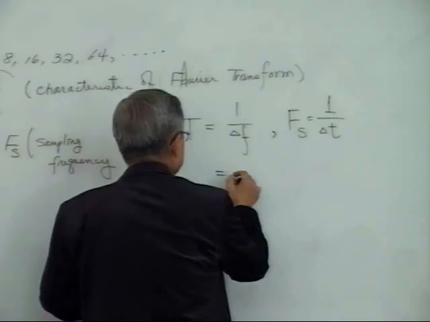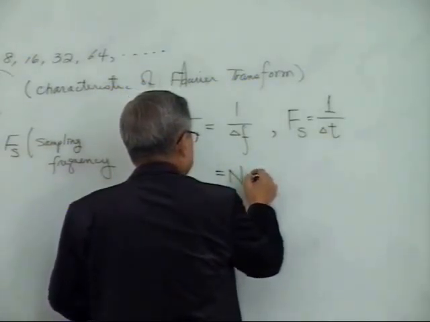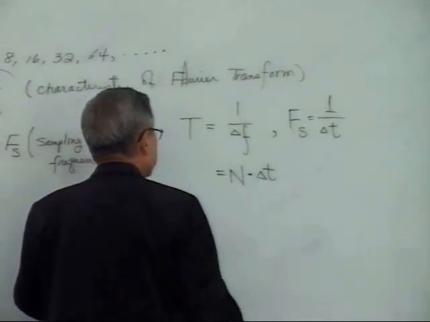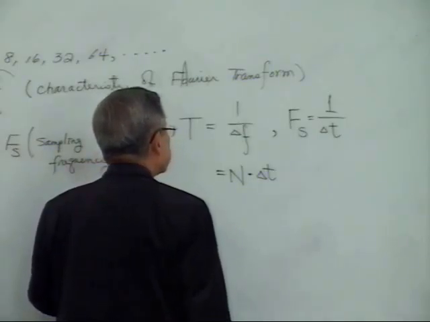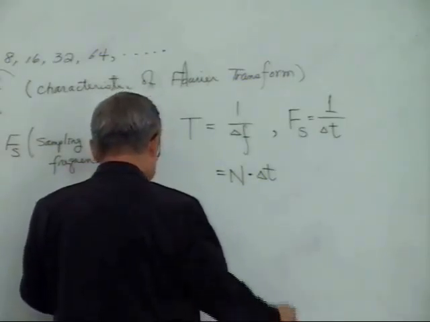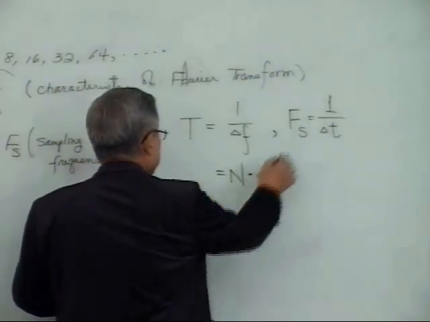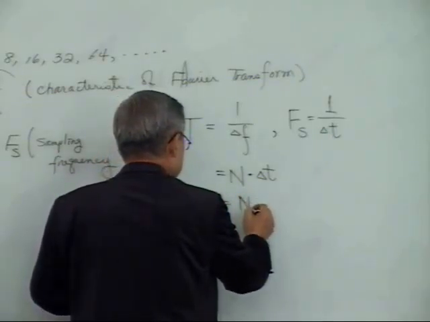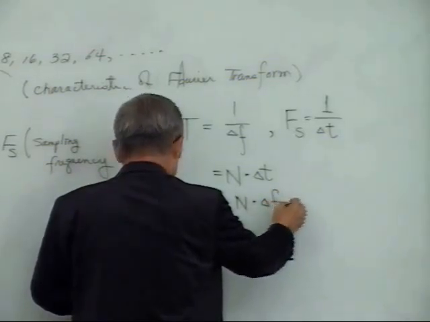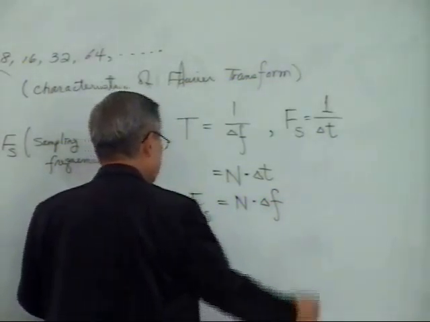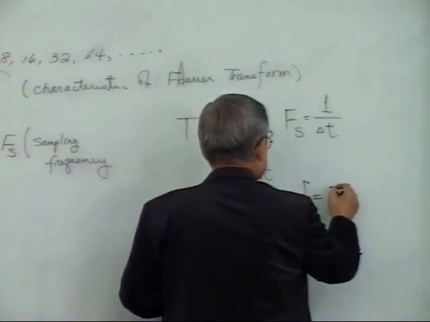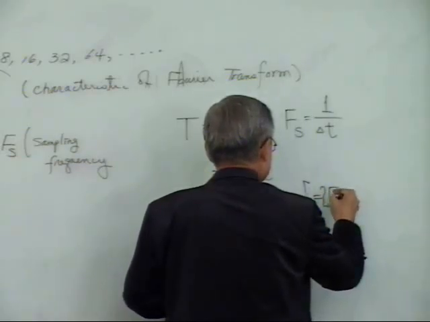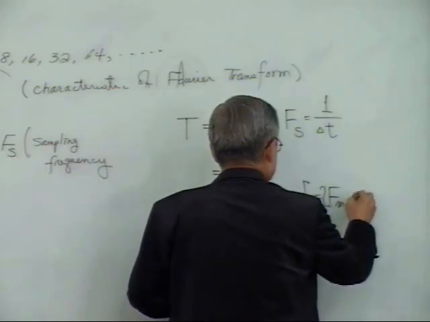T, of course, is equal to n times delta t, and Fs over here is equal to n times delta f. Of course, over here, Fs is equal to twice F max. It's just writing the same thing in a different way.